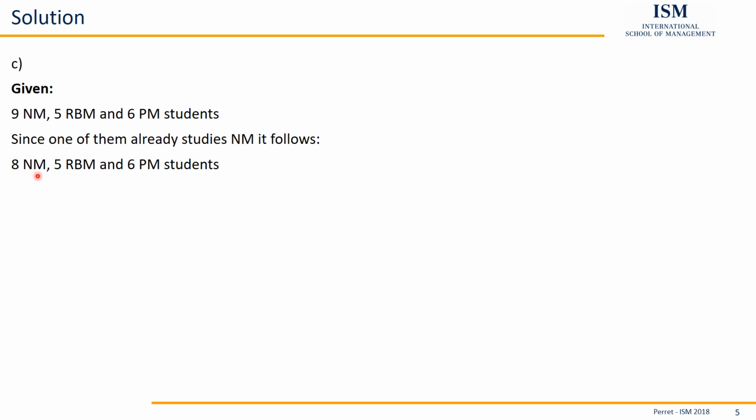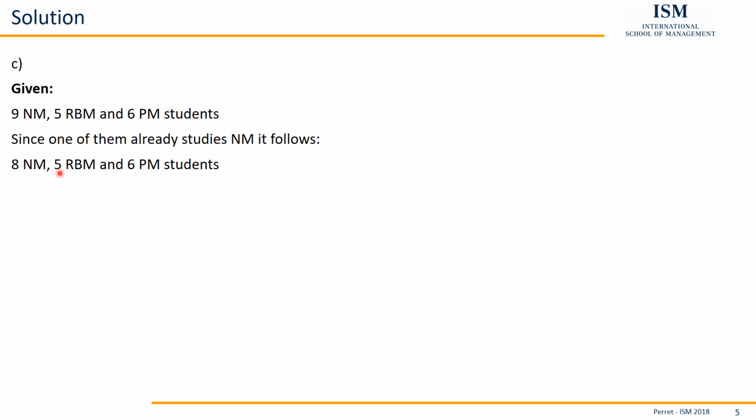Well, this changes the probability for all of those ones, because I have one NM student less, but the large N, which is the sum of all students, decreased from 20 to 19. So I'm working with a large N of 19. I'm concerned about the RBM students, so here large K is 5.